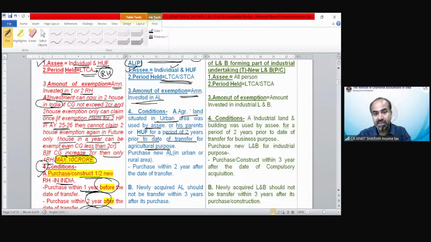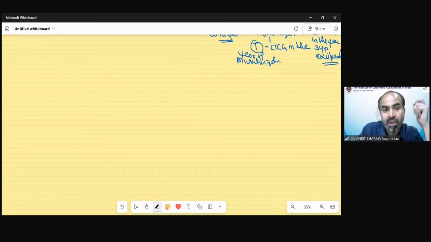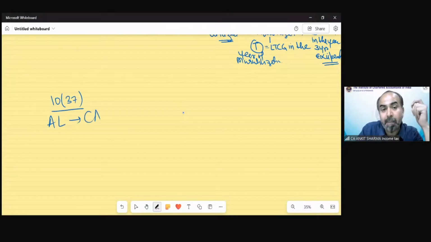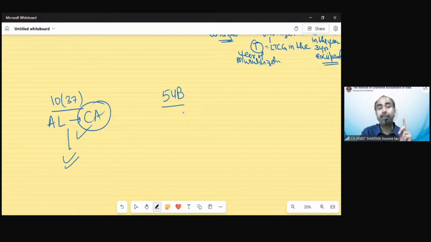What's the difference? Do not think that agricultural land transfer is exempted in all cases. No. Section 10(37) says if the agricultural land has been compulsorily acquired, then this exemption will work. But section 54B does not consider compulsory acquisition.